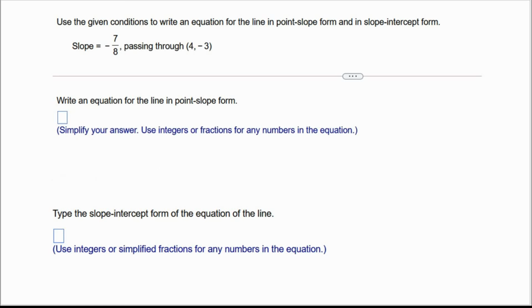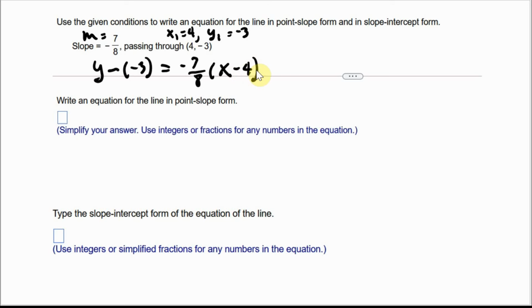Well, this slope has a fraction, no problem. We still maintain the same steps, right? And so this is y minus here, a negative 3. That's equal to m, which is negative 7 over 8 times the expression x minus 4.